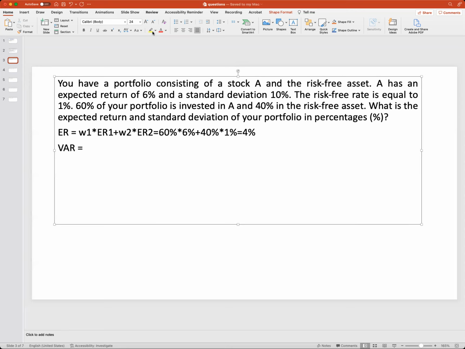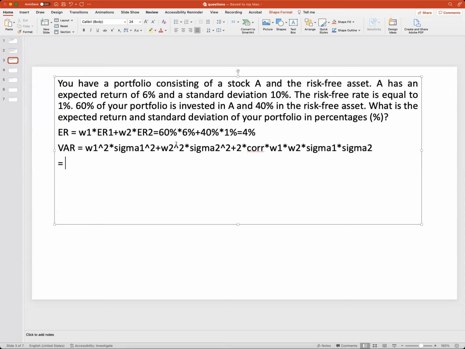Second, to calculate the standard deviation, we can start with the variance, which equals W1 squared sigma 1 squared plus W2 squared sigma 2 squared plus 2 times correlation times W1, W2 times sigma 1, sigma 2.